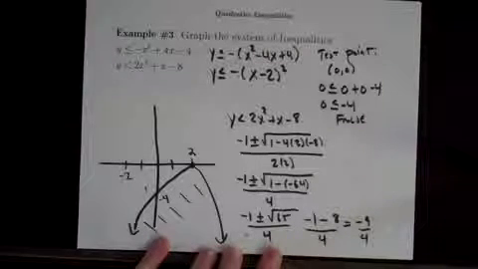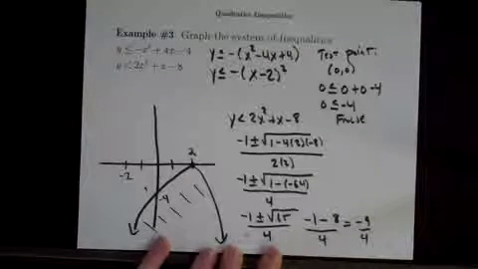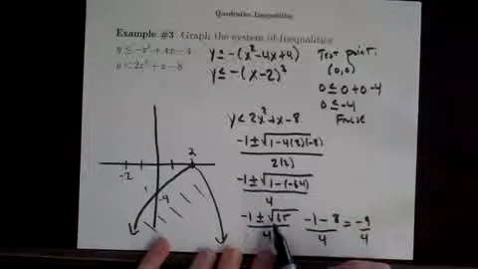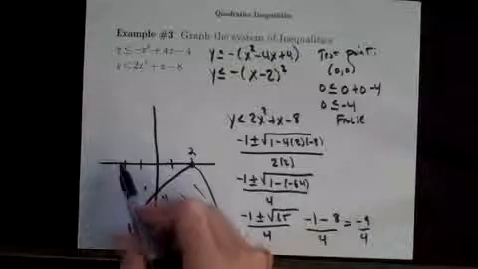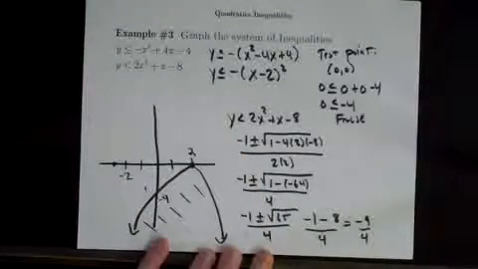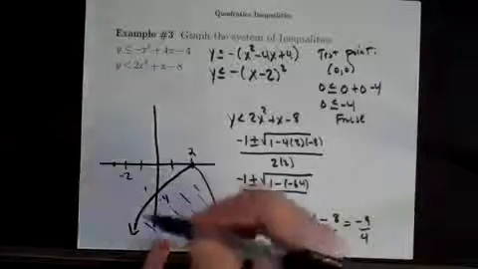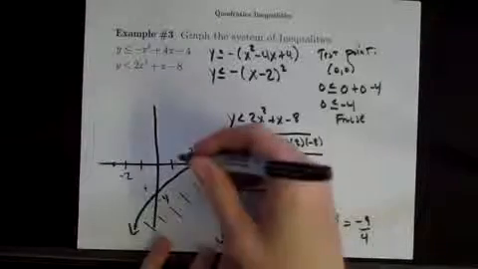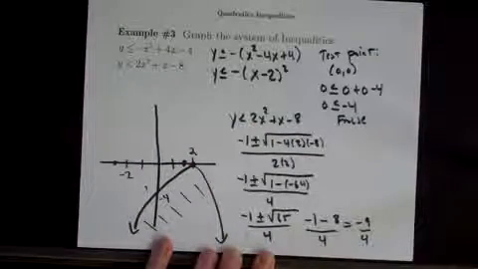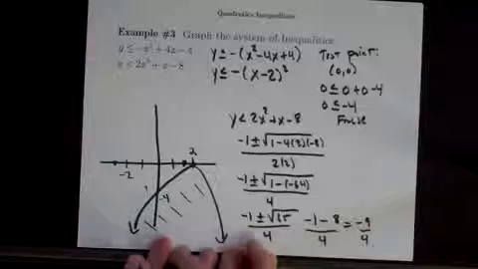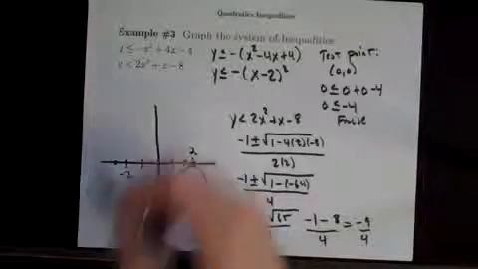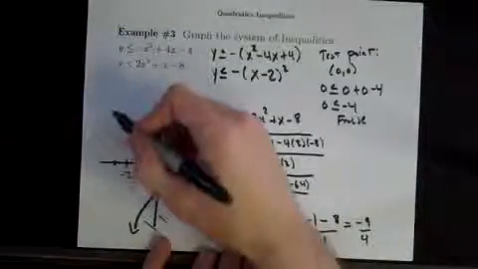That's going to be 2.25. So what I'm trying to say is, since this is root 65, you're subtracting a little bit more. So it's going to be even more past negative 2. So here's the first point. The second point is a little bit less than 2. You could verify that on the calculator, or you could estimate it using square roots. And the graph is going to look something like this.